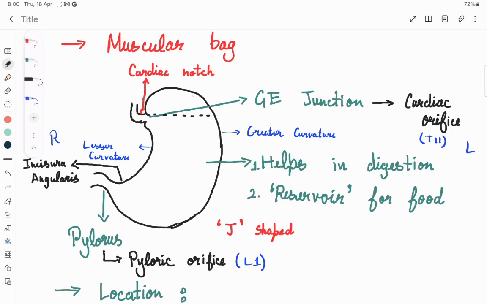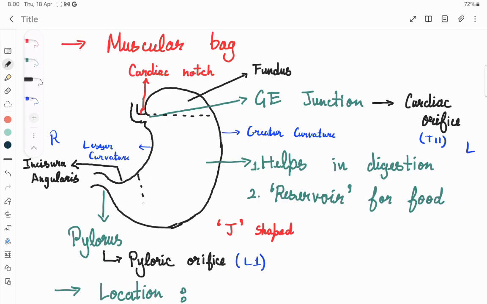we can see that the part above will be the fundus, and it is frequently seen in x-rays, if it is x-ray chest or x-ray abdomen, where we see a gas bubble, and this gas is present in the fundus.